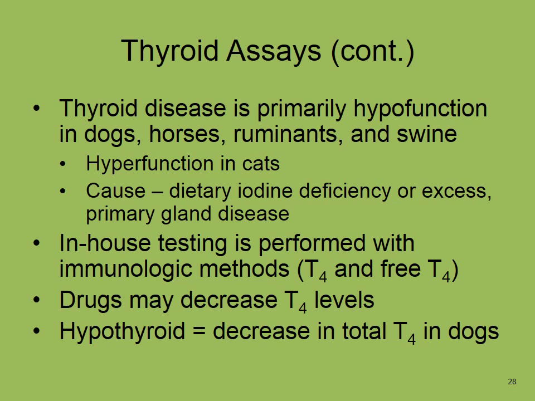In-house testing can be performed now with immunologic methods. There's T4 and free T4 that you can do in clinic. However, I would say that most people still send these away on a routine basis. Certain drugs might decrease T4 levels, and in hypothyroid dogs, you'll see a decrease in total T4 as well.